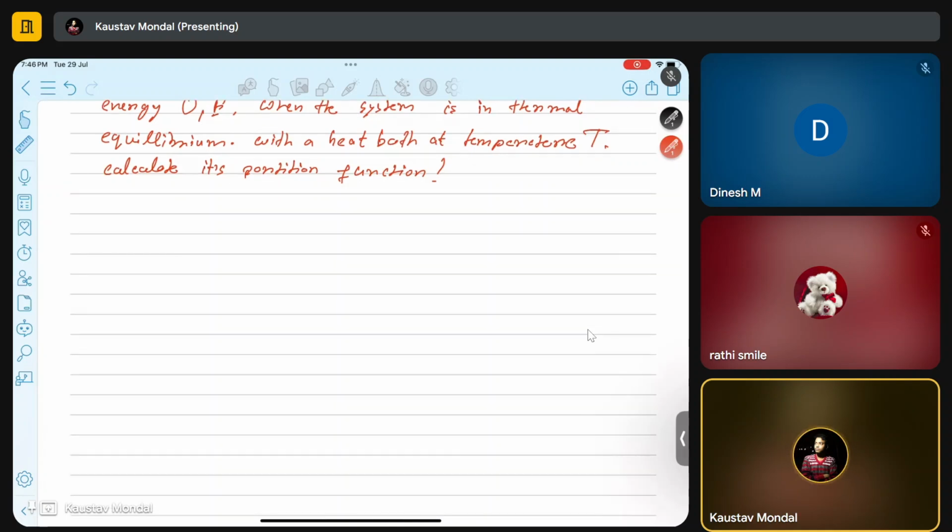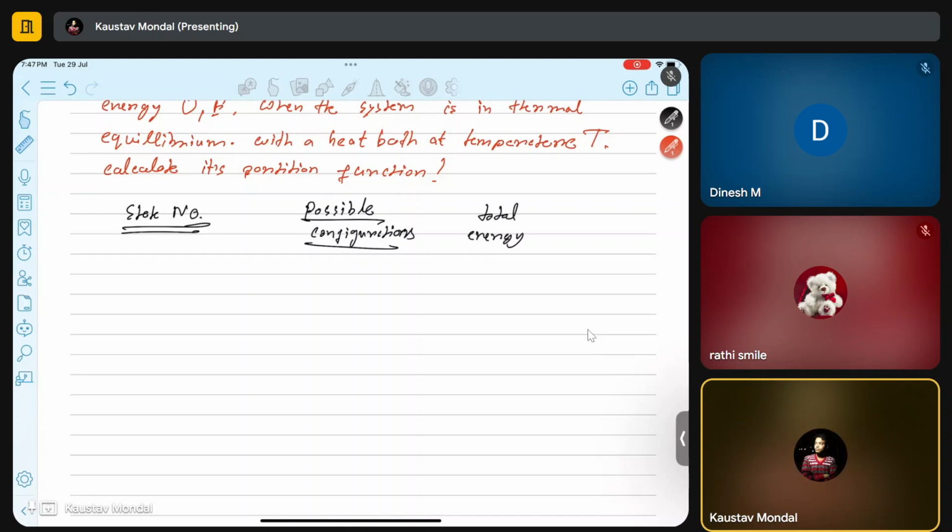There are basically two states. Let's consider the state 1, with possible configurations, total energy and degeneracy.